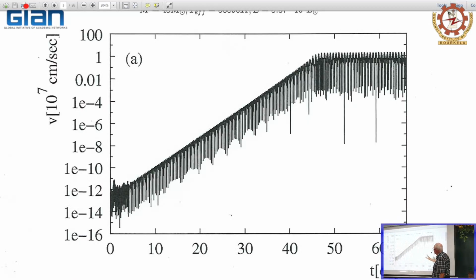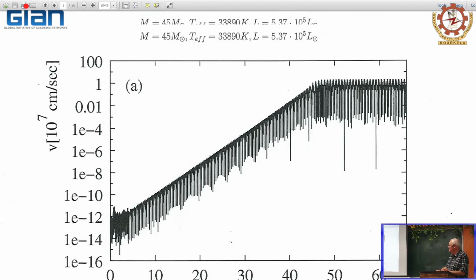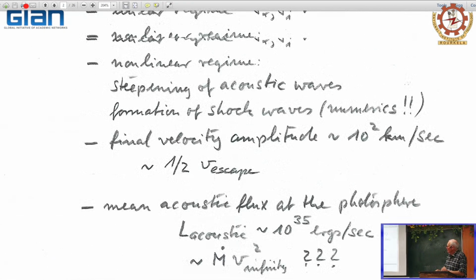So in this way we have determined the final fate of this instability, or the final fate of this unstable star, and the final fate is finite amplitude pulsation. We derive the amplitude and we derive the final fate of the star.